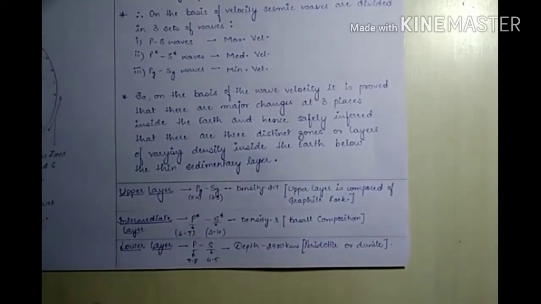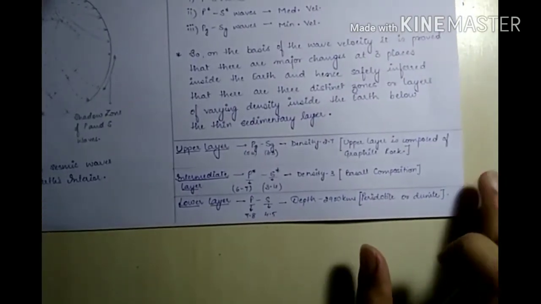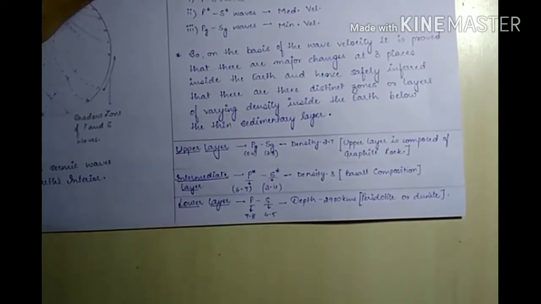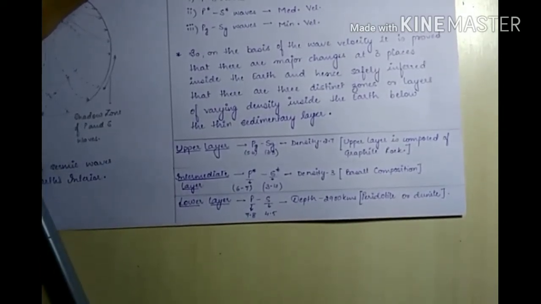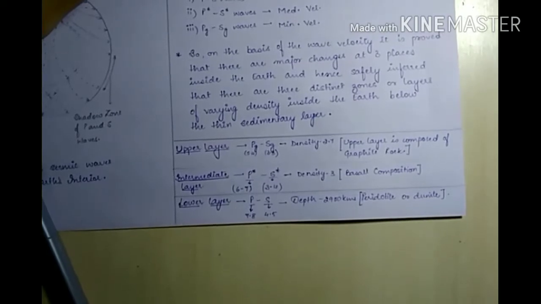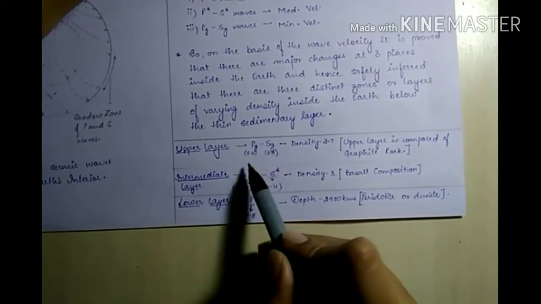Okay, so these three layers were called as upper layer, intermediate layer, and lower layer. So in upper layer, that is below sedimentary layer, its density was considered as 2.7, and it was composed of granite rock, and the waves were PG and SG waves.